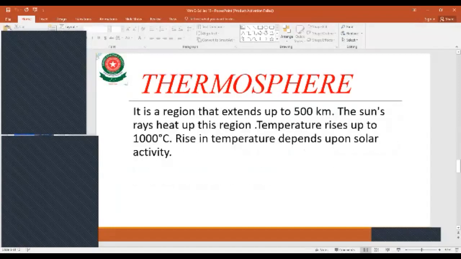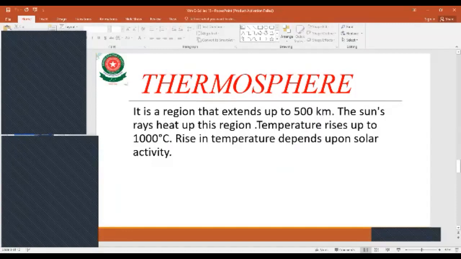The next one is the thermosphere. It is a region that ranges from 350 to 500 kilometers. The sun's rays heat up this region. Temperature rises up to 1000 degrees Celsius.